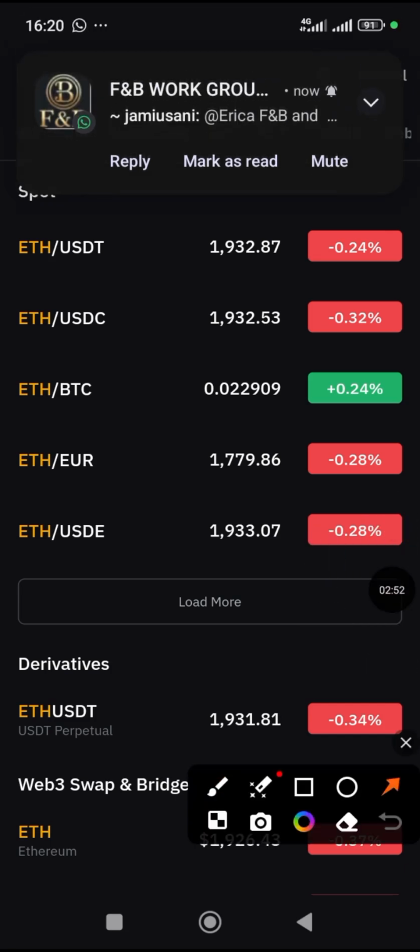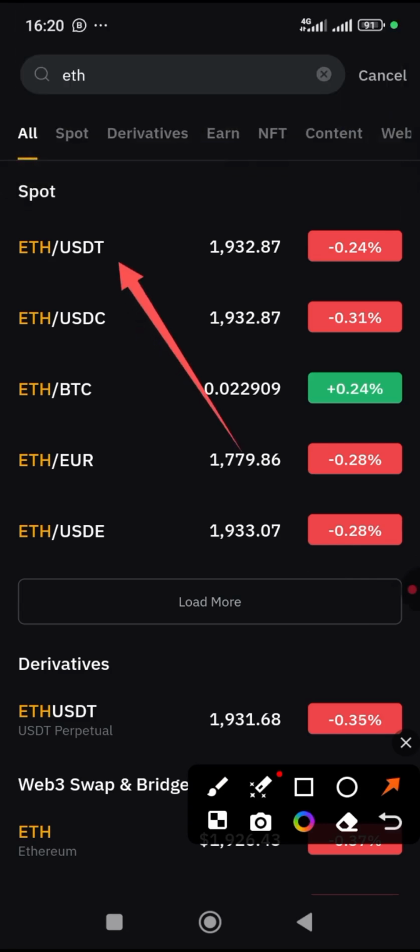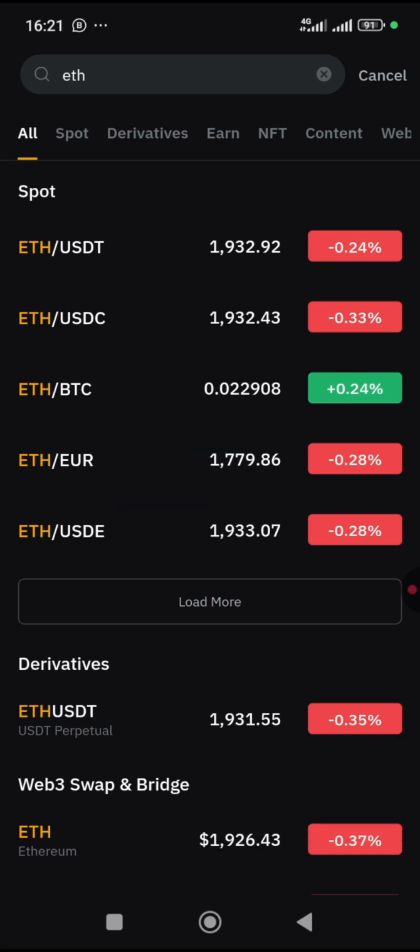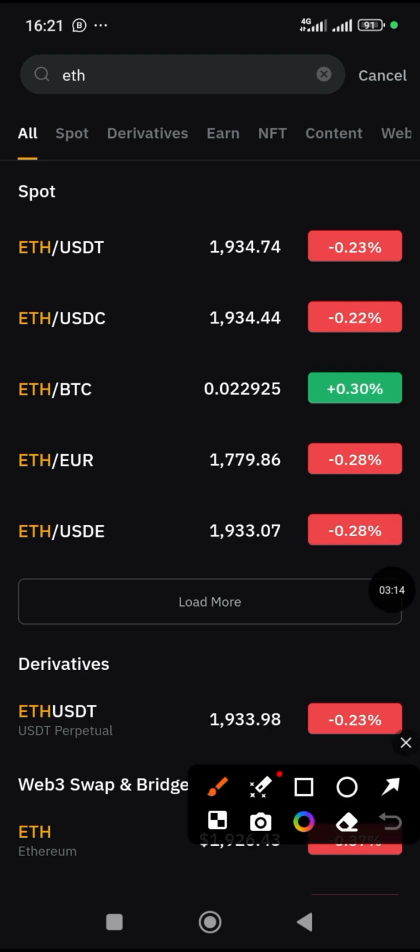We use it to keep our cryptocurrency to avoid any unforeseen circumstance. This one is pegged to the US dollar, and this USDC is also a stablecoin, and this USDE, they don't fluctuate, they always remain at $1. So you could see the price is even getting more stable here.